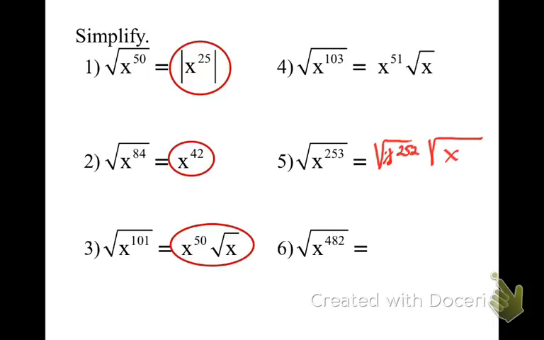And what does it become? X to the 126, rad x. Do you understand why? Yeah, I understand. Okay, so you go to the closest even underneath it. Does that make sense? I don't go to 250, I go to 252. Closest even number. Okay, now, what about the next one, Alex?